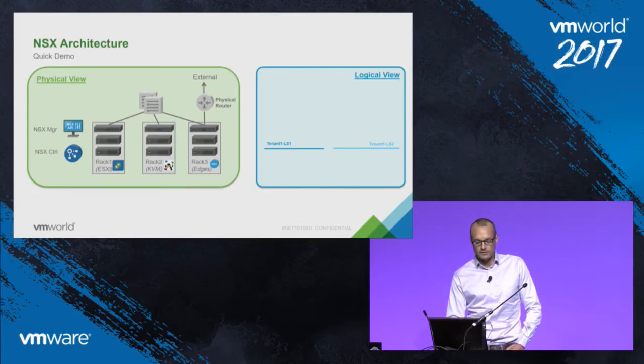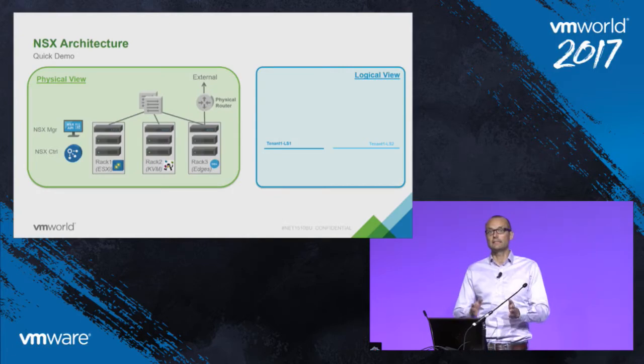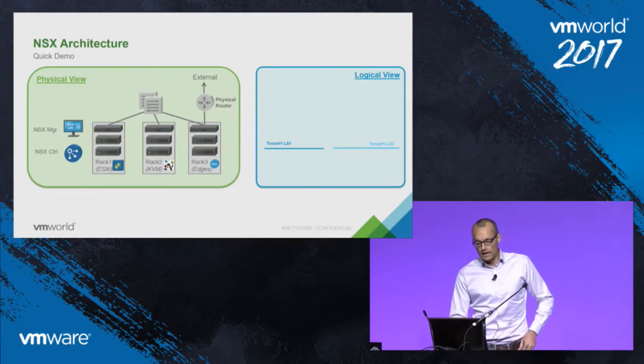And then I have a rack of ESXi servers. And something unique in NSX-T, because it's multi-hypervisor support, I have a rack of KVM. They could be in the same rack, but in my lab I made it a different rack with different IP addresses.